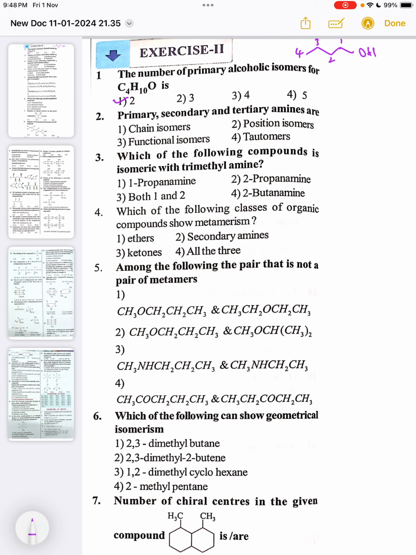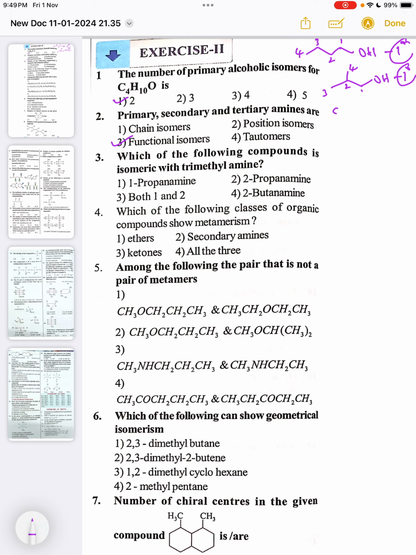This is a primary alcohol, and one more is possible with the same compound, this. So this is 1, 2, 3, 4. So this is primary, this is also primary. Total 2 are possible.